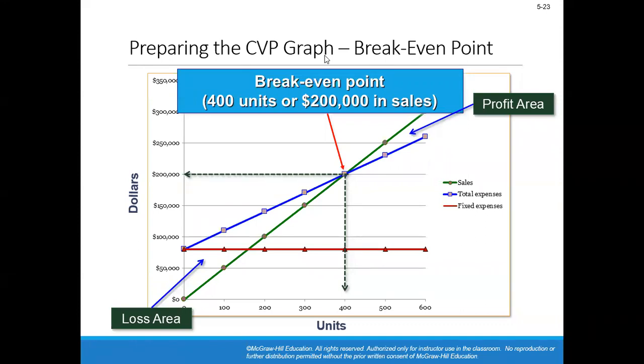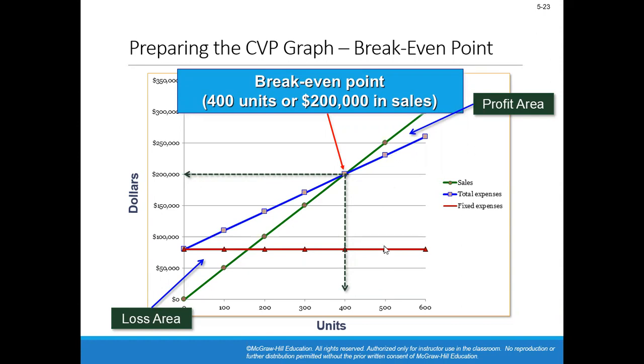Profit value is 0. Now, if we ask ourselves what is the profit if we have 500 units of sales, just try to identify the number from the graph, not considering the numbers we got earlier.